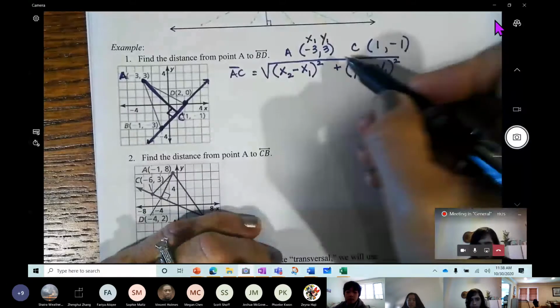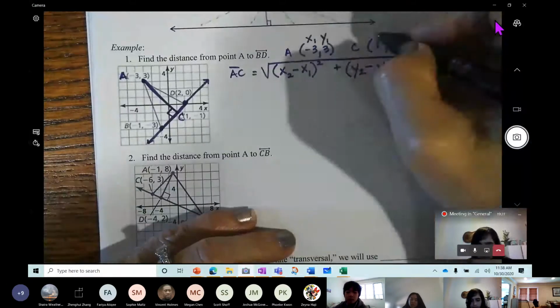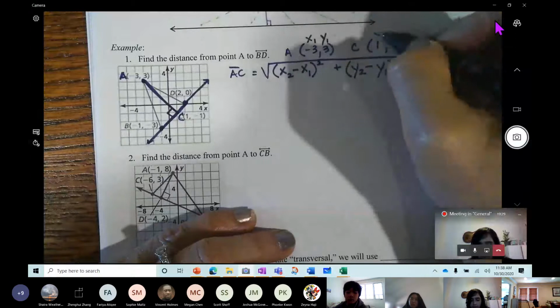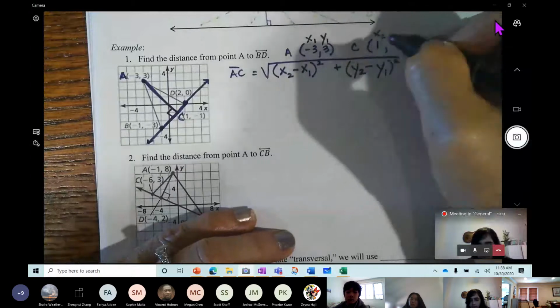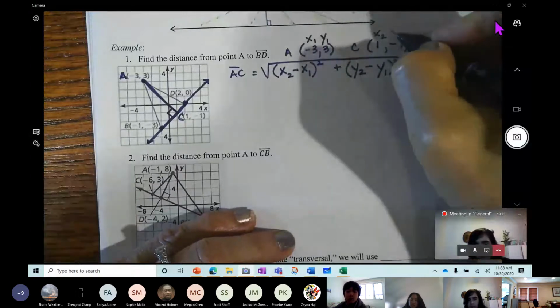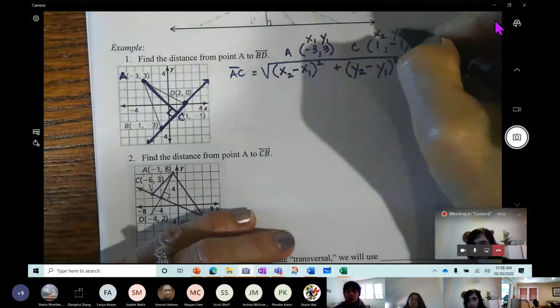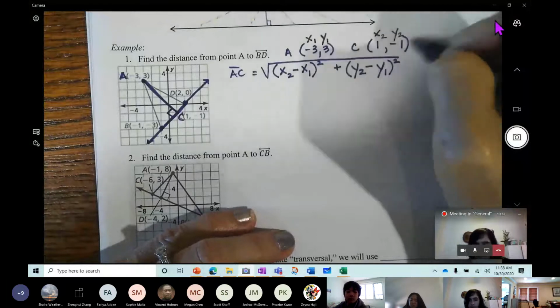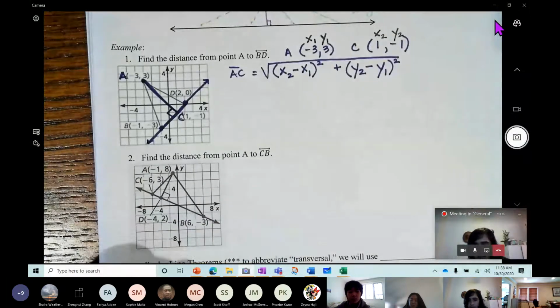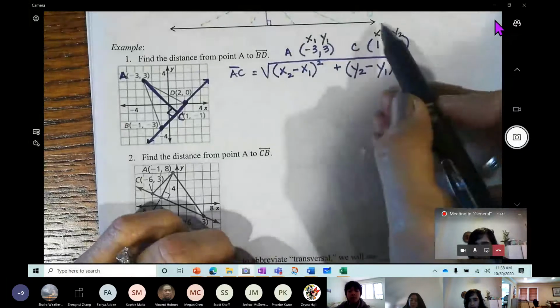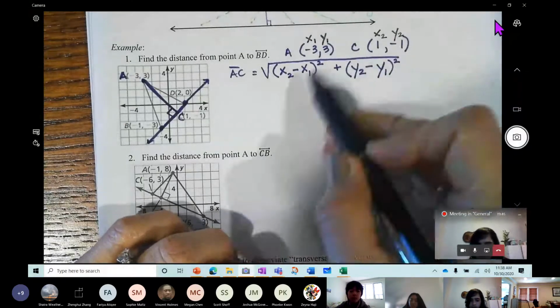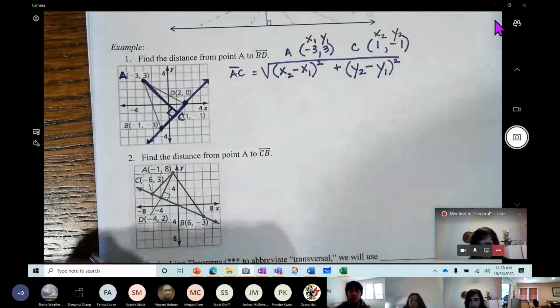So I'm going to pick A to be the first point. That means that's x1 and that's y1. I'm going to pick C to be the second point, and so that means x2 is 1 and y2 is -1. Those little subscripts don't mean anything other than labeling this the first point and the second point. And then you just plug them in where they go.